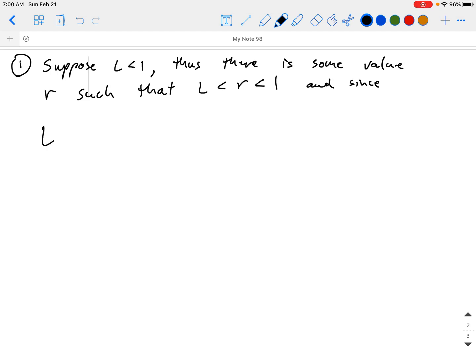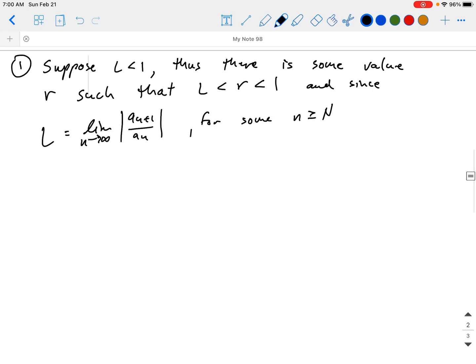and since we know that L is equal to the limit as n goes to infinity of a sub n plus 1 over a sub n, for some n greater than or equal to capital N, we're going to go somewhere far out in our series so that we end up with this value being really, really close to our limit of L. We have a sub n plus 1 over a sub n is less than R, because we know that it's approaching L, and L is some number smaller than R, but it is positive, so it is greater than 0.